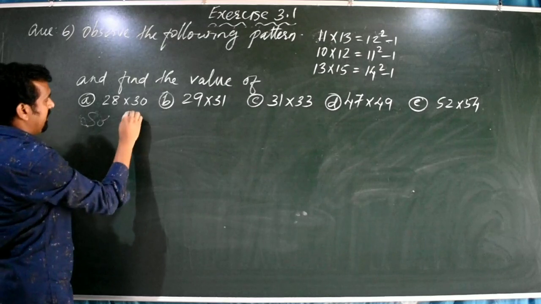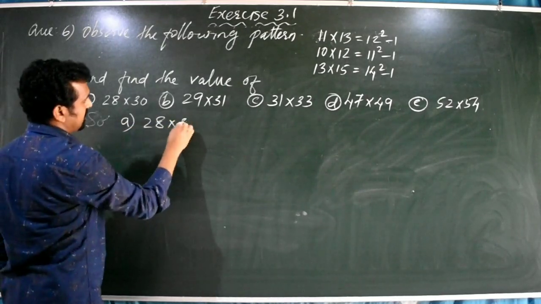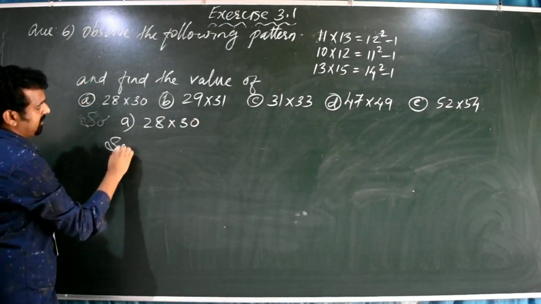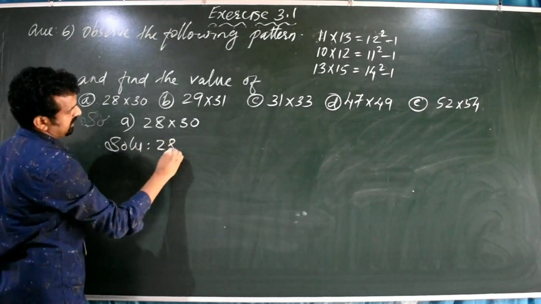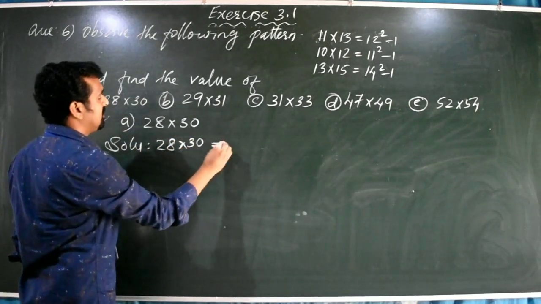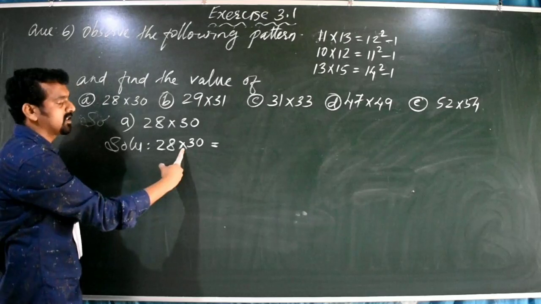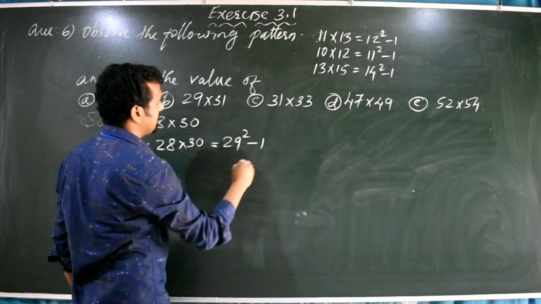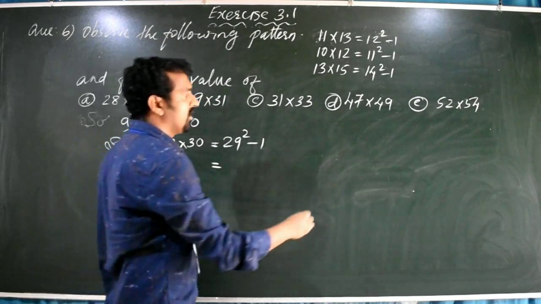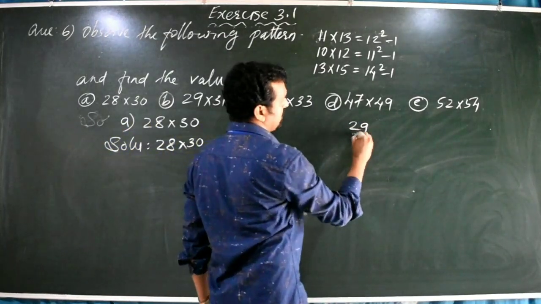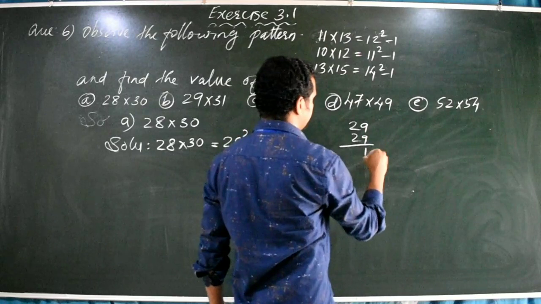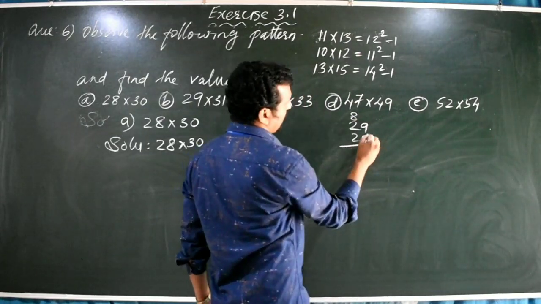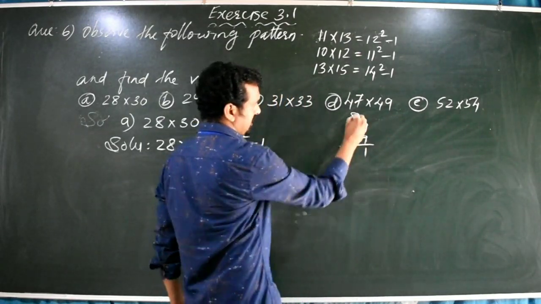Question A: 28 into 30. Find out its answer. 28 into 30, the next number is 29, then 30. So 29 square minus 1. Find out 29 square: 29 into 29. 9 nines are 81, write 1, remainder 8. 9 twos are 18 plus 8, 26.